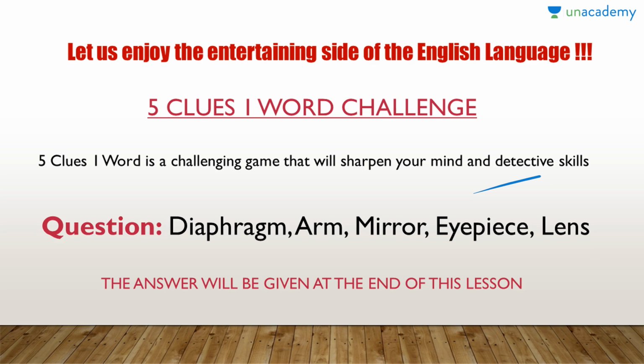The clues are diaphragm, arm, mirror, eyepiece, lens. Listen to it again. Diaphragm, arm, mirror, eyepiece, lens. What is the word? The answer will be given at the end of this lesson, so keep thinking smart.